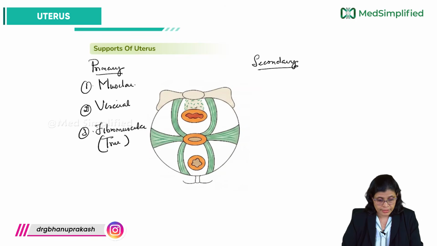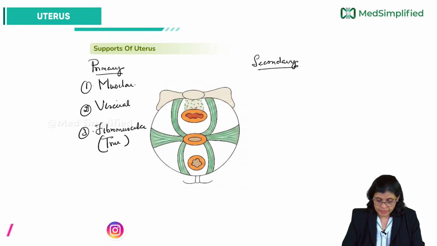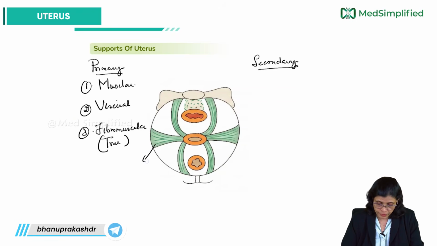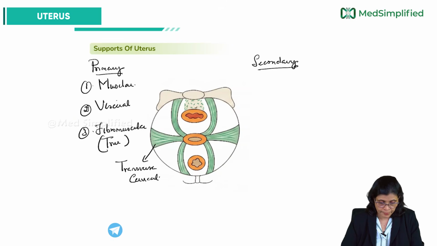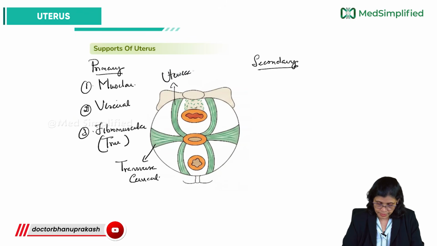And fibromuscular support. So fibromuscular support is mainly formed by the true ligaments. So true ligaments, when we see here, they are all paired. We have a pair of transverse cervical ligament. Then we have a pair of uterosacral ligament.